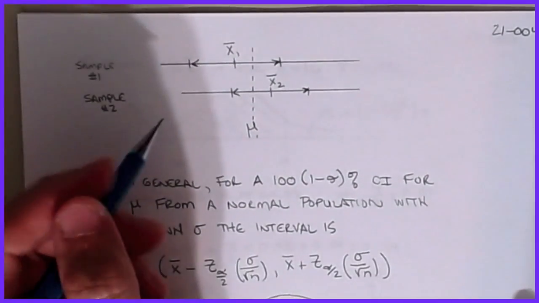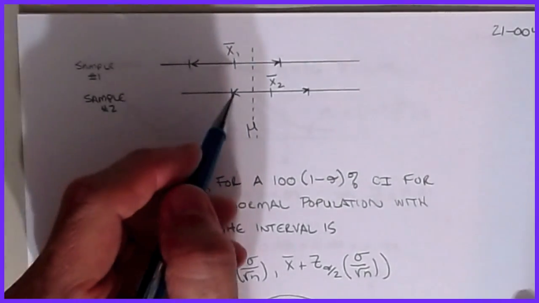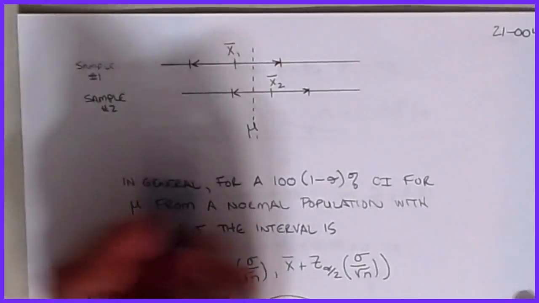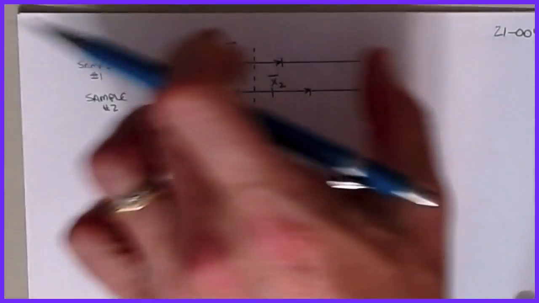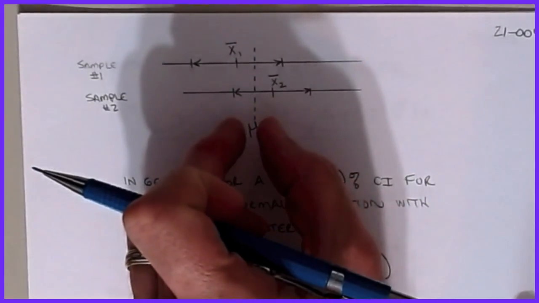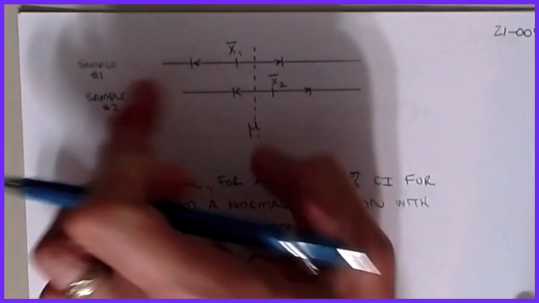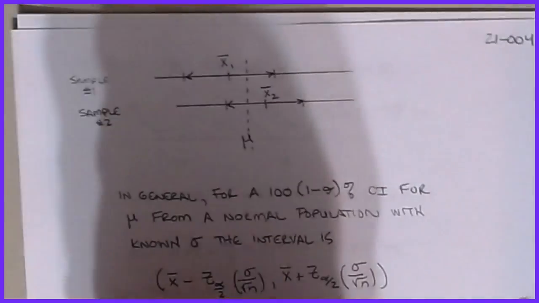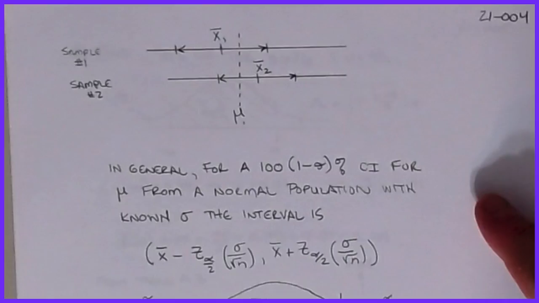So eventually, as I repeat these samples, these intervals will be bouncing all over the place, and eventually I'll come up with a width that captures all of these, such that they will predict the population mean 95% of the time. That's what we're looking to do.